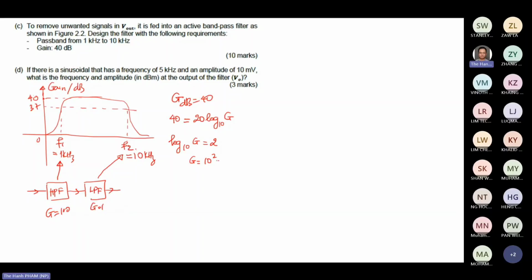Or you can design it in such a way that this has a gain of 10 and this has a gain of 10, then the total gain is G1 times G2, which is also 100. Or you can use a different combination. Because the question is about design, it is very open-ended. There is no fixed solution.